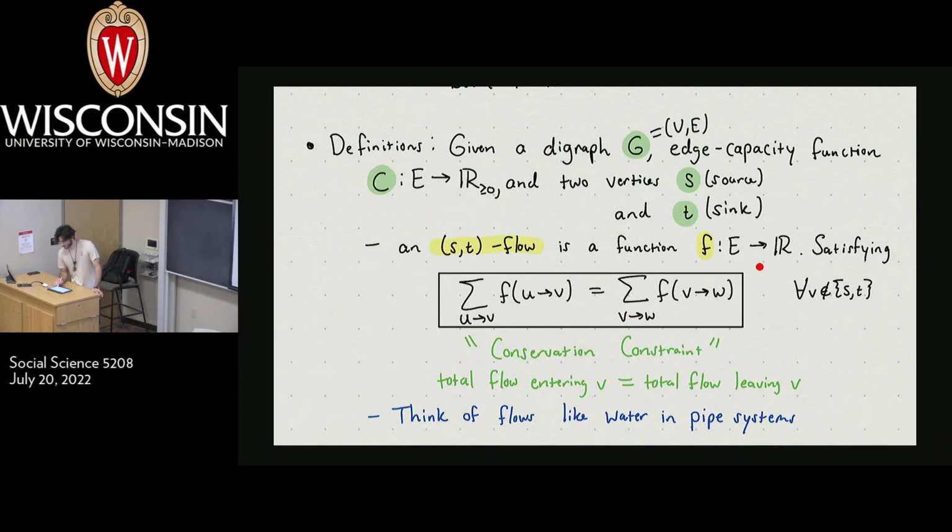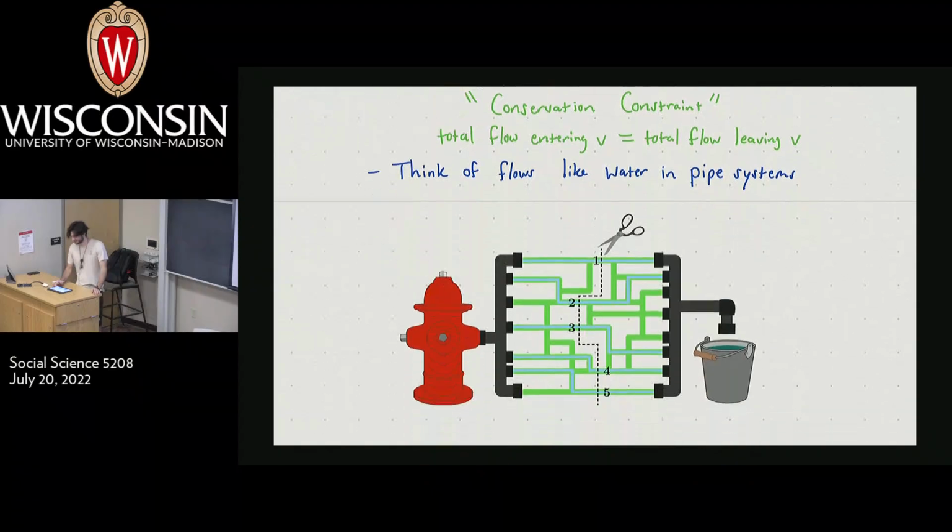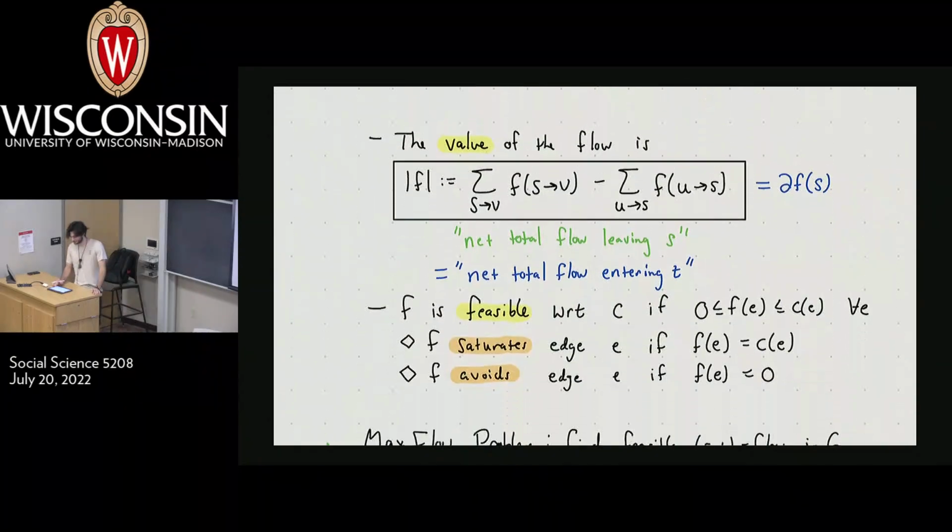Otherwise, the flow could be any arbitrary function. It can be positive, it could be negative. You could have negative water flowing. On the other hand, the capacity function is always non-negative, because you can't have a size that's negative. It doesn't make sense. But in physics, there's things like negative current, so those are allowed to be negative.